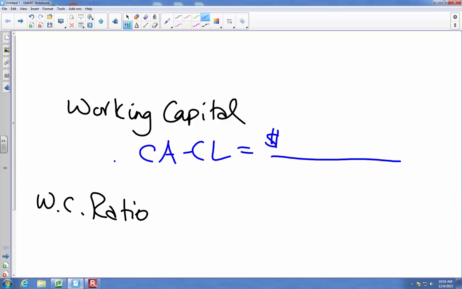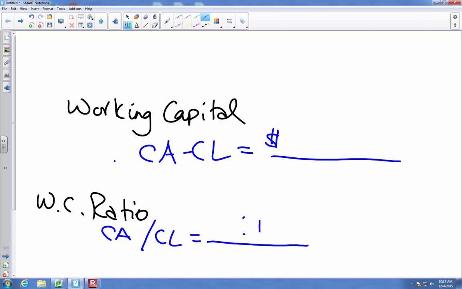So why don't you go, oh, and then let me give you this one, then I'll have you do it both. And then working capital ratio is current assets divided by current liabilities. And that's quoted as a ratio. So that is going to be something to 1.